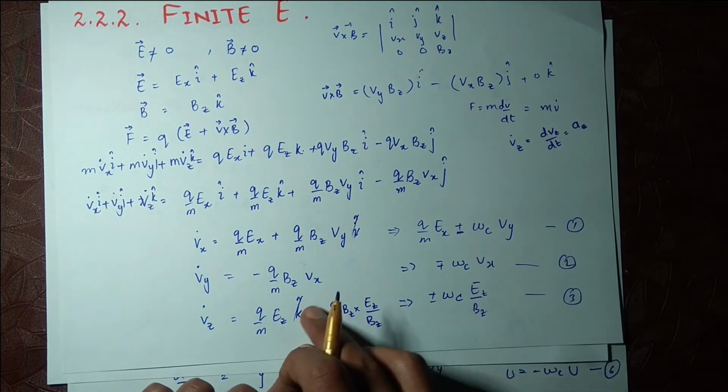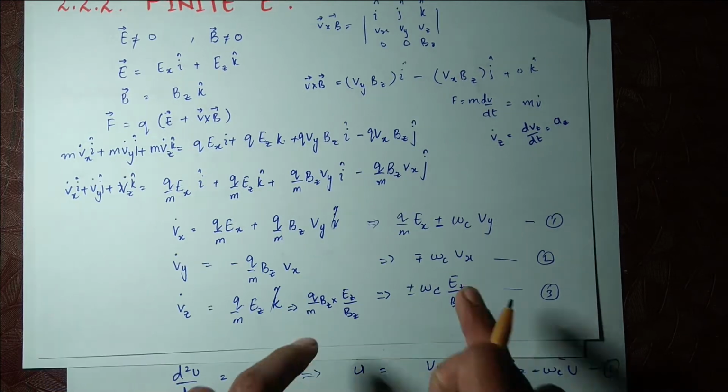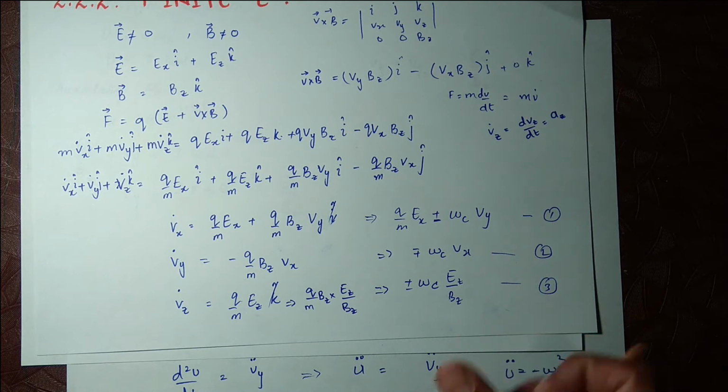So this term equals minus omega c times E z over B z. This is my equation number 3.